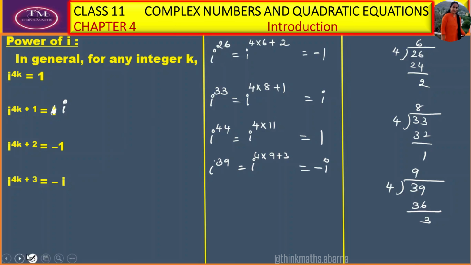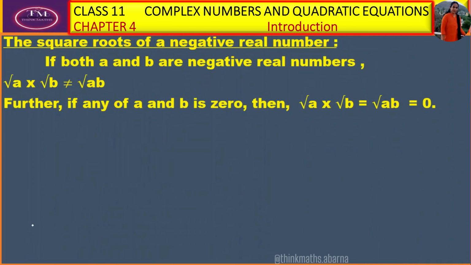So moving on to the next important topic, the square roots of a negative real number. We all know that root A into root B is equal to root AB. What will we be doing in 10th standard? If there are two roots, we multiply the values and take the square root. This is true if AB is greater than 0, or if A is greater than 0 and B is less than 0, or if A is less than 0 and B is greater than 0.